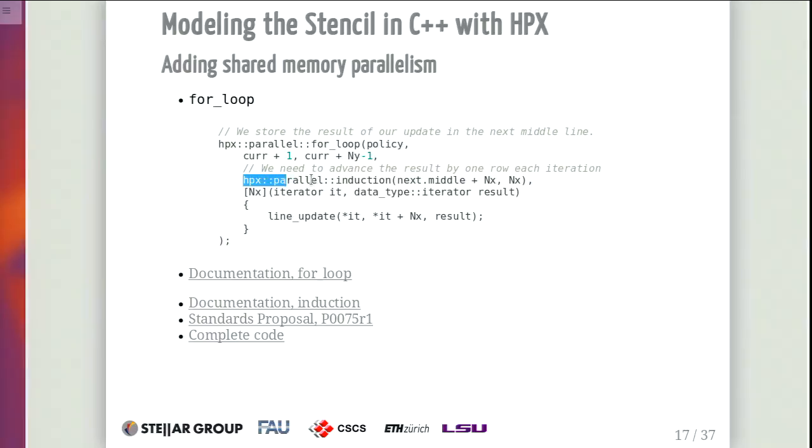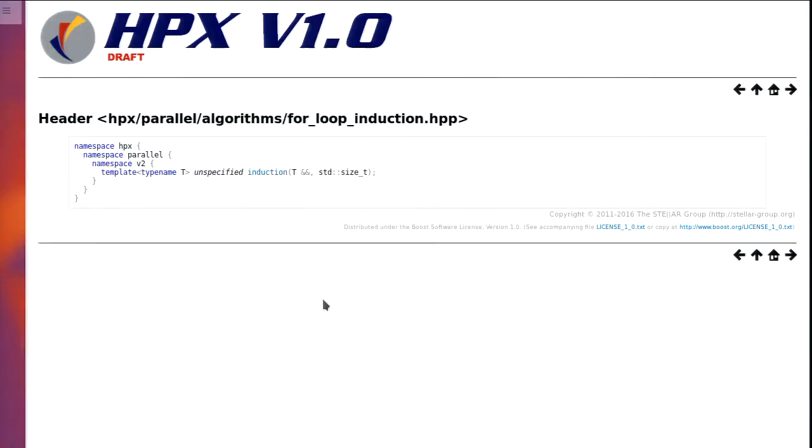The induction is called every time your loop does another iteration, right? And the signature for this induction function is very simple. You pass it any value, which can be an iterator or an integer type or whatever.